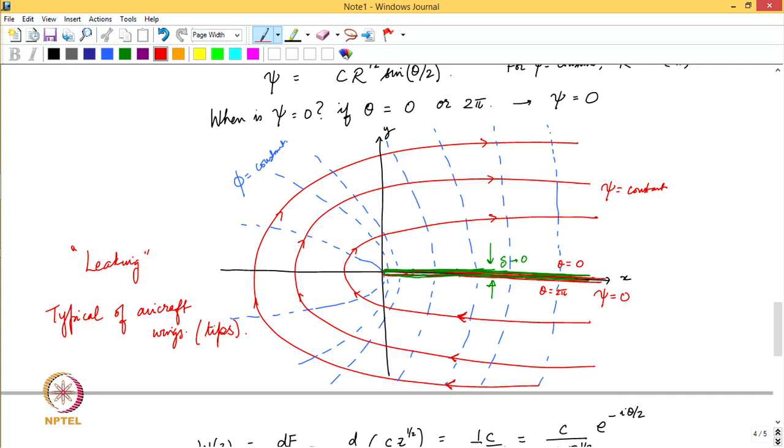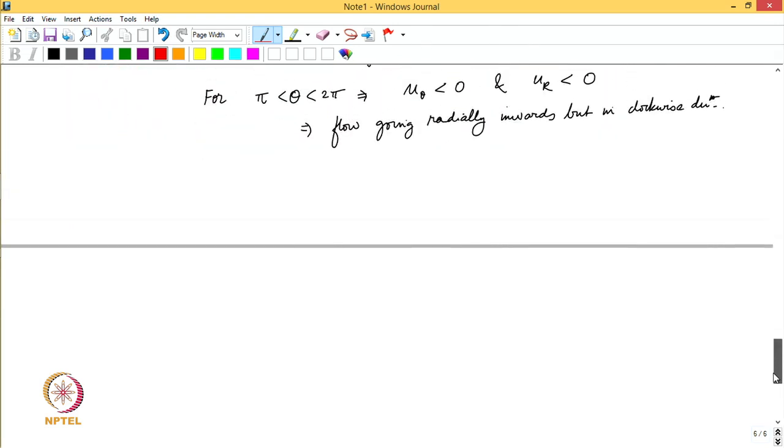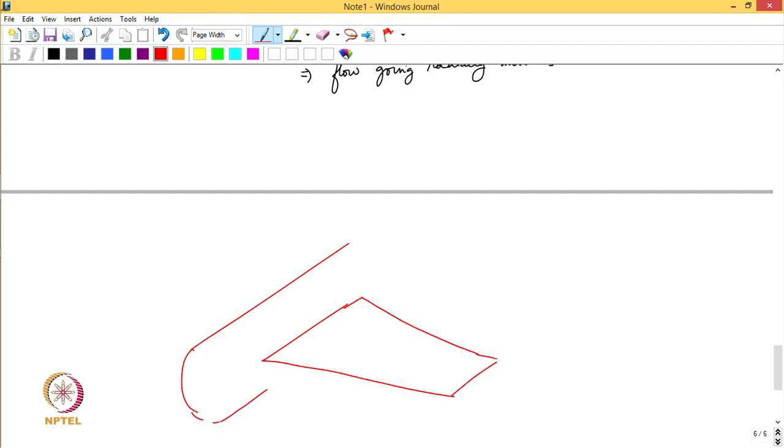So, the classical application where this kind of complex potential found its use was, if you look at how flow goes around the wings of a plane. Say we have a fuselage of the plane, and there is a wing attached to the body of the plane. So, let us say this is the plane and this is moving in some direction, maybe in this direction with some velocity u.